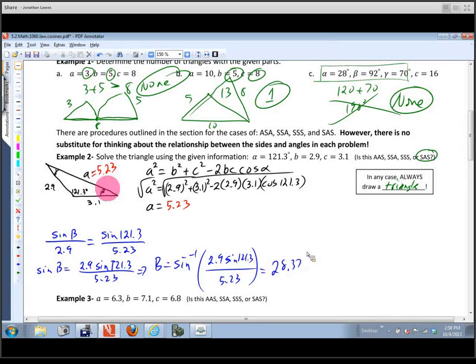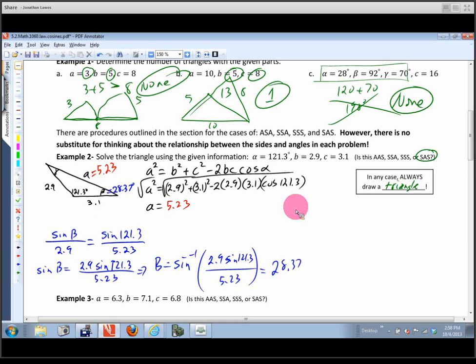So this angle right here is 28.37 degrees. And then, of course, I can get gamma by subtraction. I could get beta another way. I could do it this way. And this might seem a little bit silly, but in the long run, sometimes this can work out to be pretty advantageous. I know all the sides now, so if I wanted to figure out what beta was, I could do it this way.